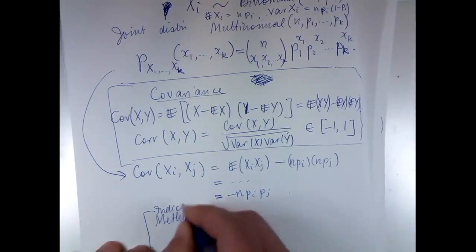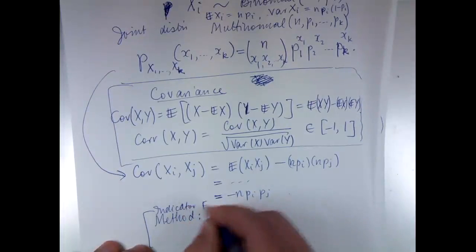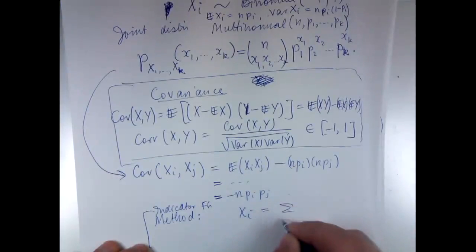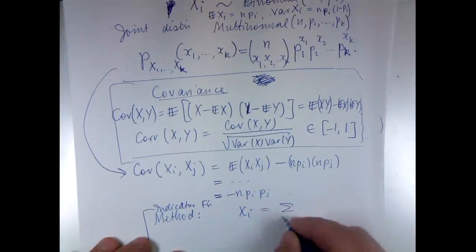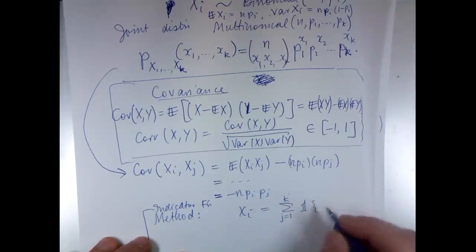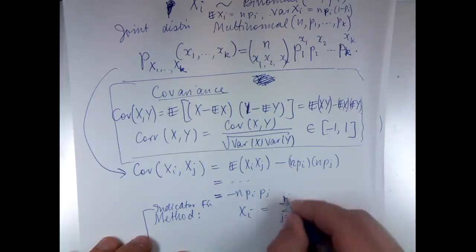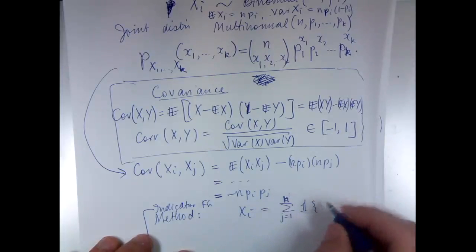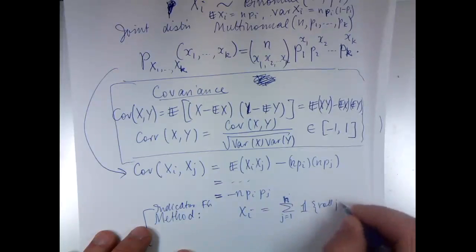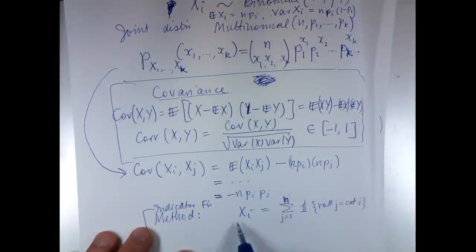I'm going to plug this from before. Indicator function method: Xi is of course the sum over j equals 1 to n of the indicator that roll j is category i. Right? It counts the number of rolls that are in category i.